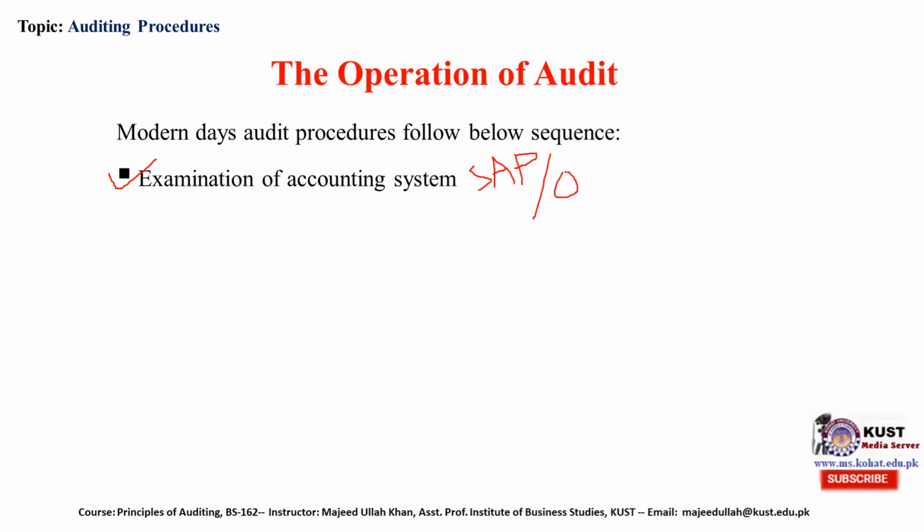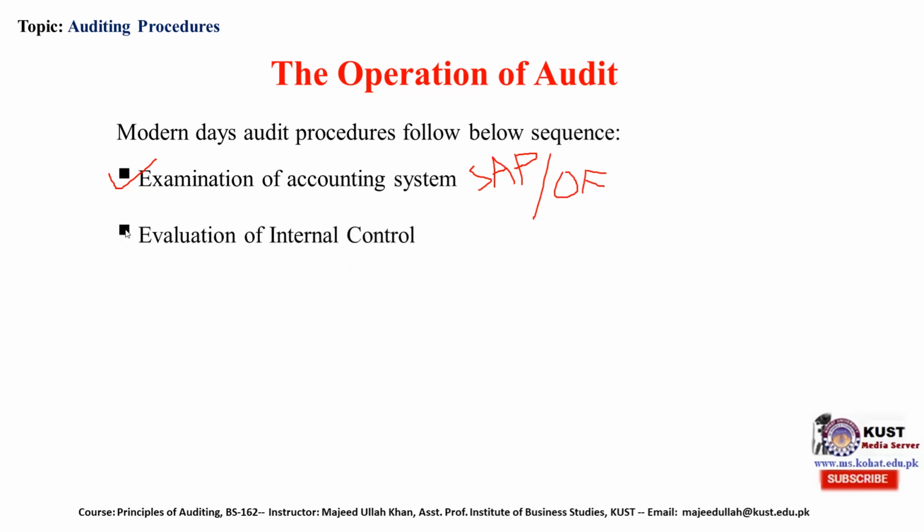Oracle Financial is a huge ERP, enterprise resource planning, which includes everything including the accounting system. So the auditor first examines which system is in use.